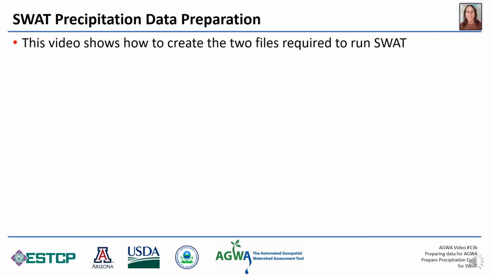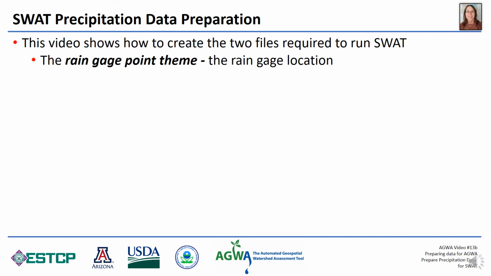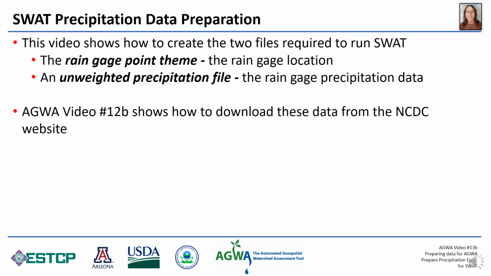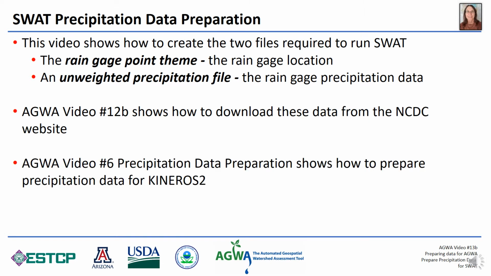This video will show how to create the two files required to run the SWAT model: the rain gauge point theme that provides the geographic location of the rain gauge or gauges, and the unweighted precipitation file that provides the actual daily precipitation amounts. We'll be using the NCDC data that was downloaded in video 12B. AGWA Video 6 showed how to prepare the precipitation data for Kineros 2.